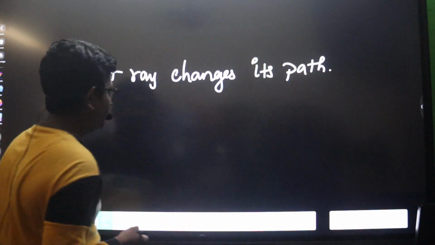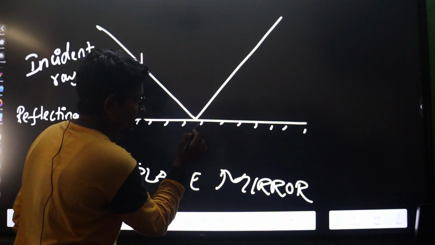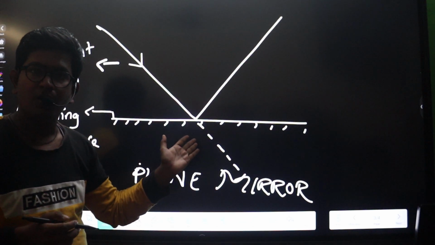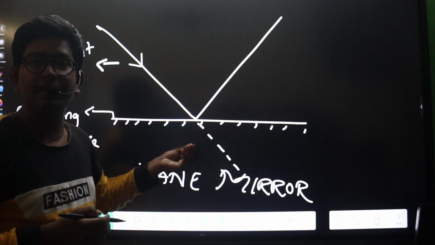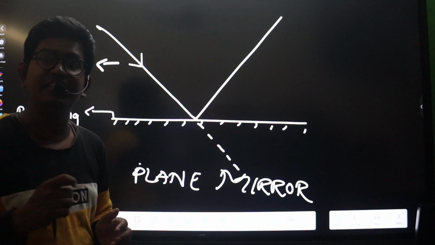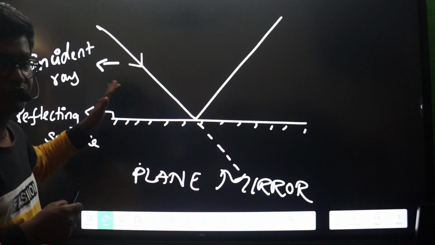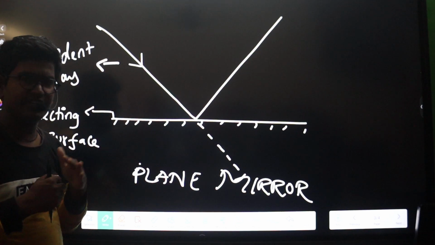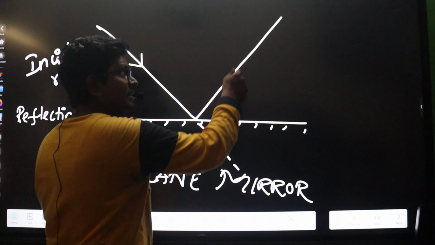So as you can see here, actually the light ray has to follow this path, right? Once the plane mirror comes into action, you can see the reflection phenomena as the plane mirror has the reflecting surface. So once the ray strikes the reflecting surface, you can see the ray got deviated.